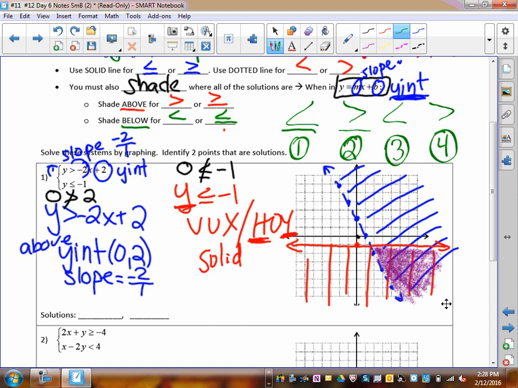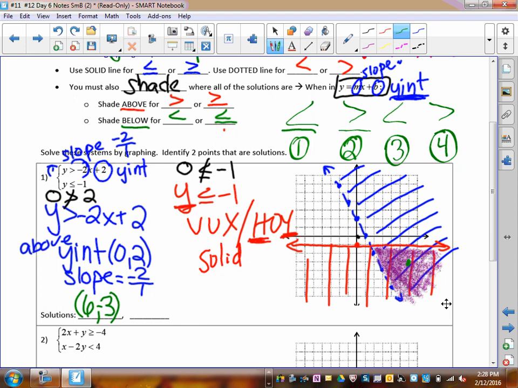But we need our x to be positive, right? So let's say 6, negative 3. That works. 6, negative 3. That falls in our shaded region.